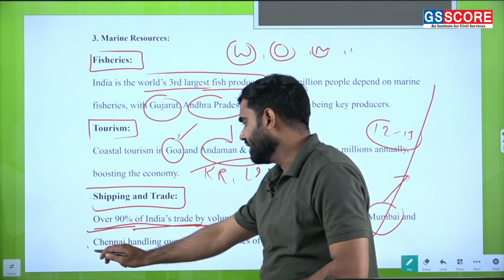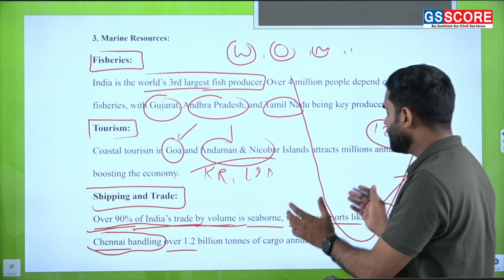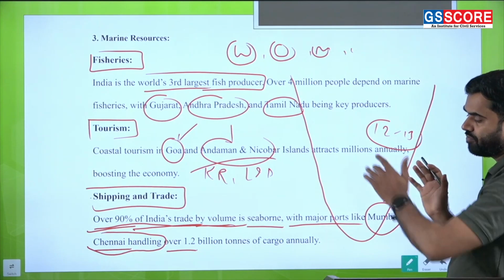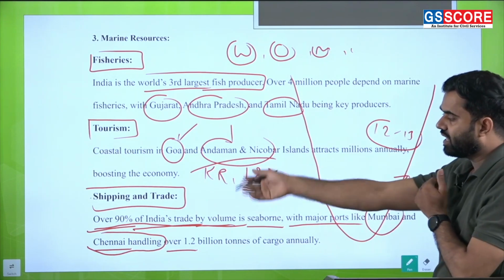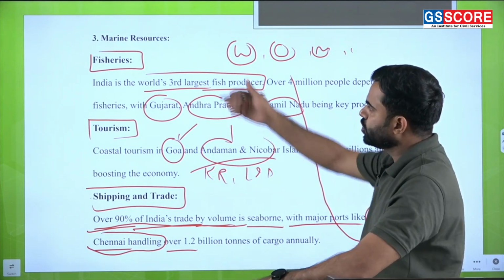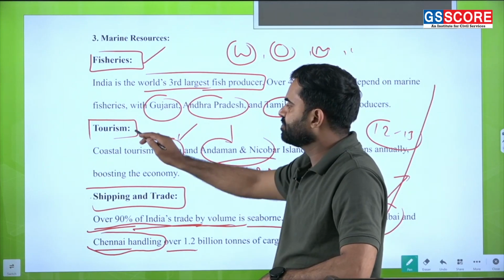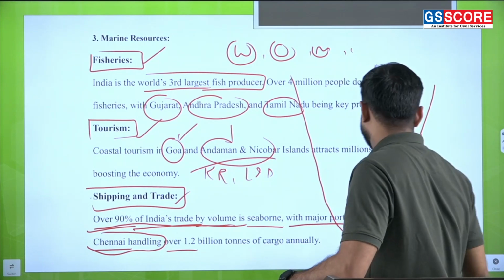And Chennai is the artificial port from the Tamil Nadu side. These are the two most important ports, one from the western coast and another from the eastern coast. ये मैंने example choose किए. So I concluded the marine resources with the help of fisheries, tourism, shipping and trade.